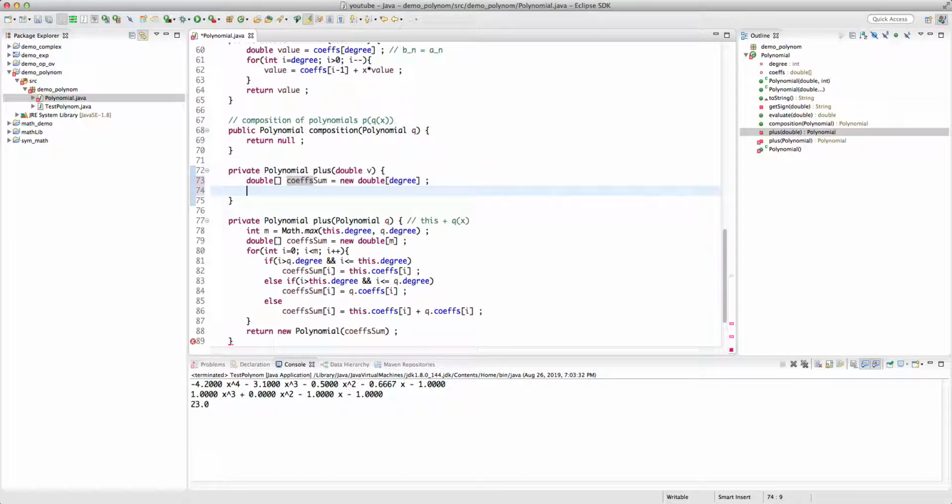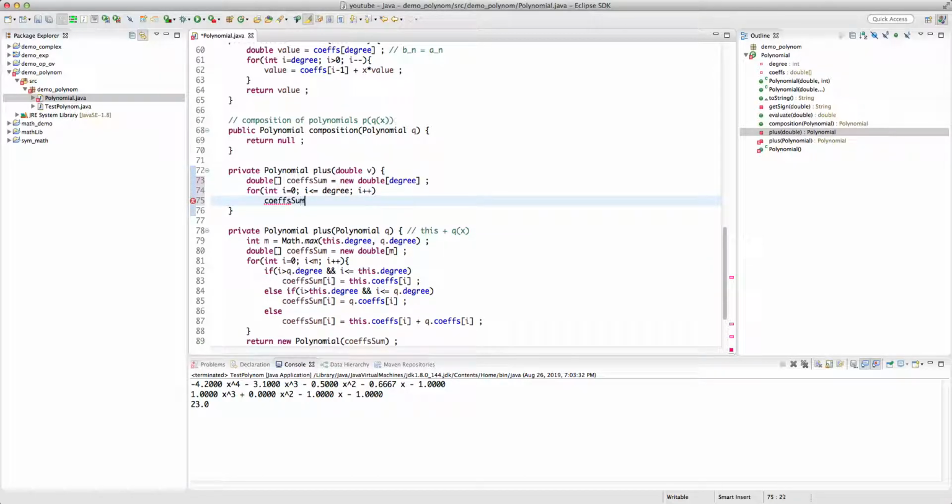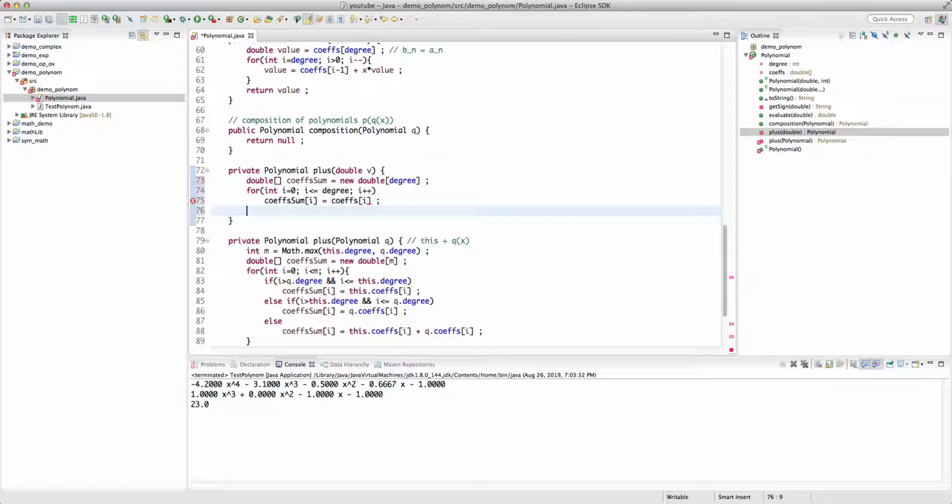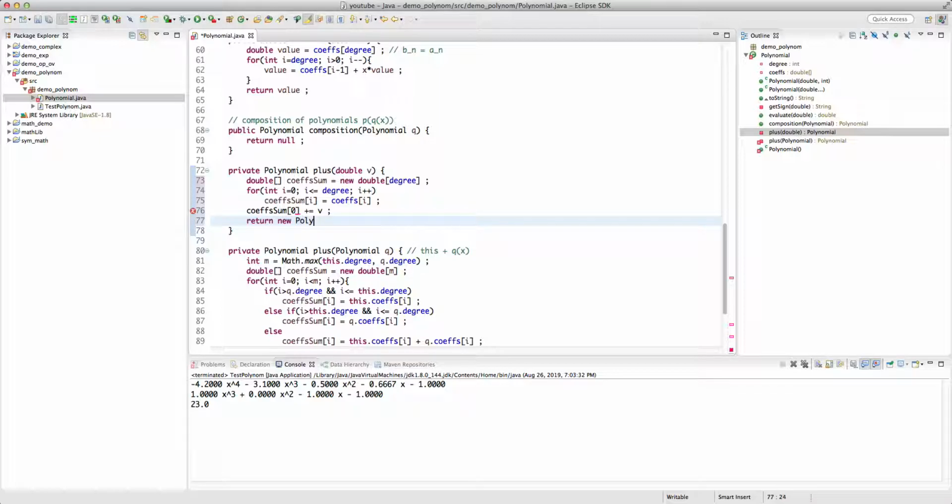Okay, the degree doesn't change, and then basically for int i equals 0, i less than or equal to degree, i plus plus, coefs sum i is basically coefs i, so we made a copy, but coefs sum 0 plus equals v, and then return new polynomial coefs sum.